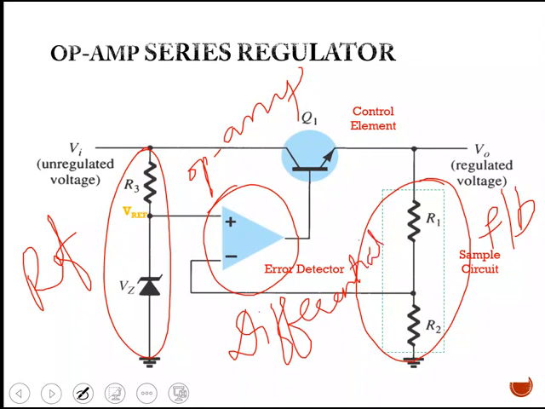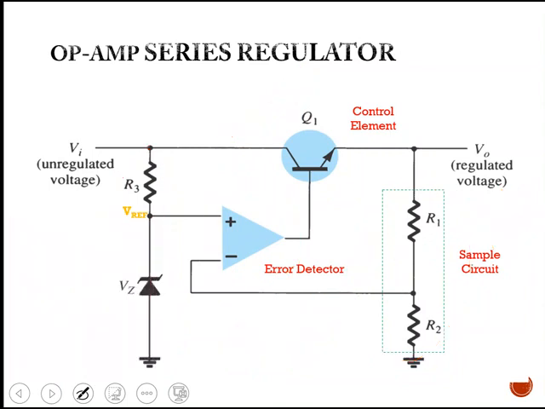Now instead of connecting this VZ directly to the transistor, it is connected through the error detector, wherein this op-amp output drives the transistor with the base current IB.